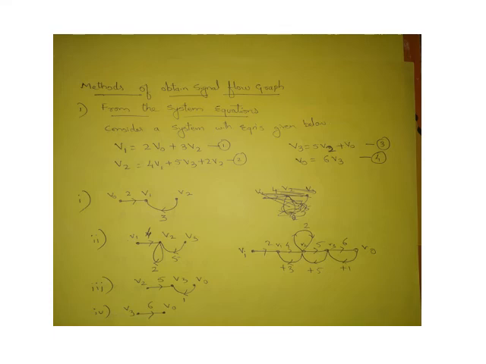It cannot be a straight line in this direction, so I am taking a feedback because it is from the next node. So 5V3, and next is 2V2. 2V2 means at the same point I have to draw a self loop with gain 2. That is what is shown here.